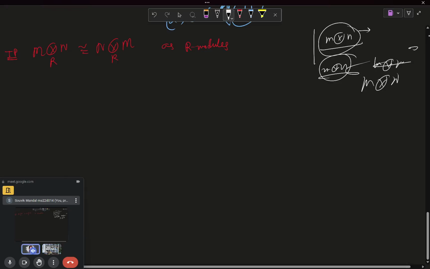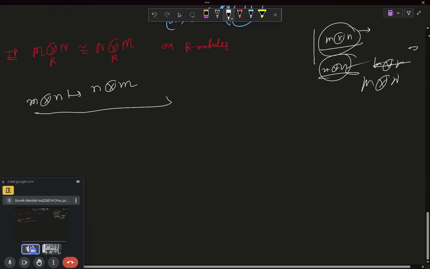Identity map, because m tensor n is equal to n tensor m. This is the obvious map.